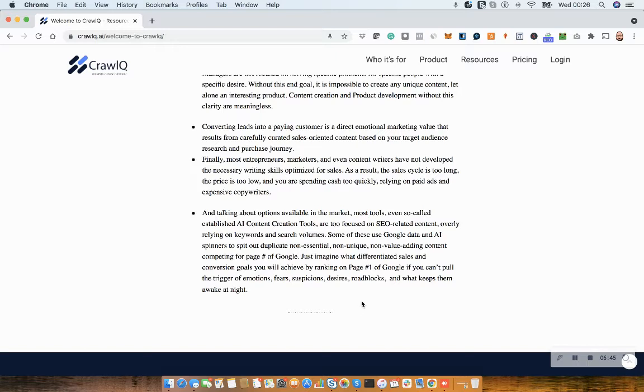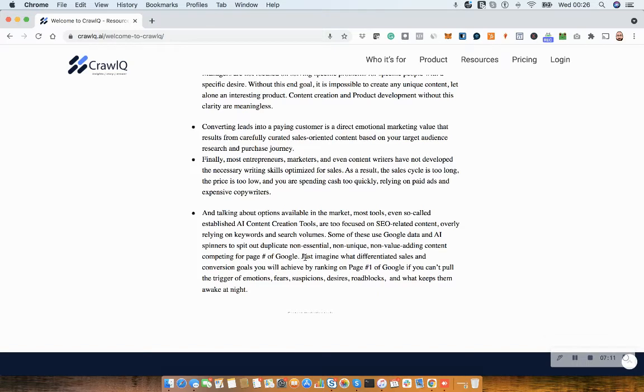And talking about options available in the market, most tools, even so-called established AI content creation tools, are too focused on SEO-related content, overly relying on keywords and search volumes. Some of these use Google data and AI spinners to spit out duplicate, non-essential, non-unique, non-value-adding content for page 1 of Google.